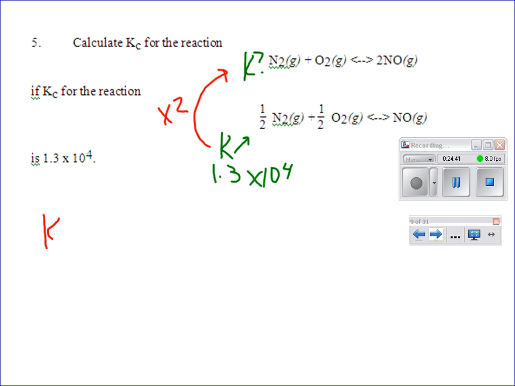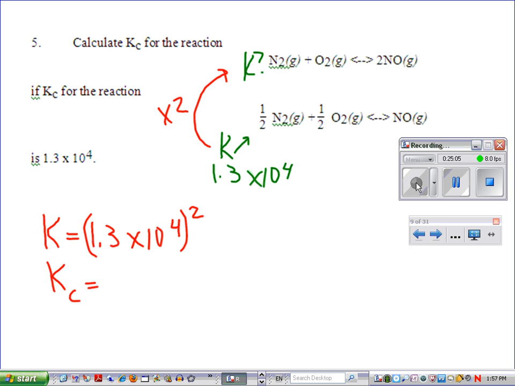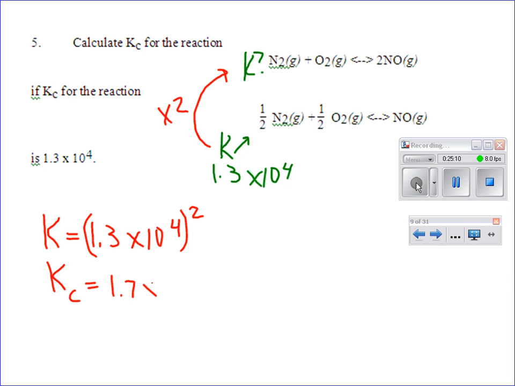So raise the K to that same multiple. Today is 2 sig fig day. After counting our fingers on the screen, 1.7 times 10 to the 8th is the answer.